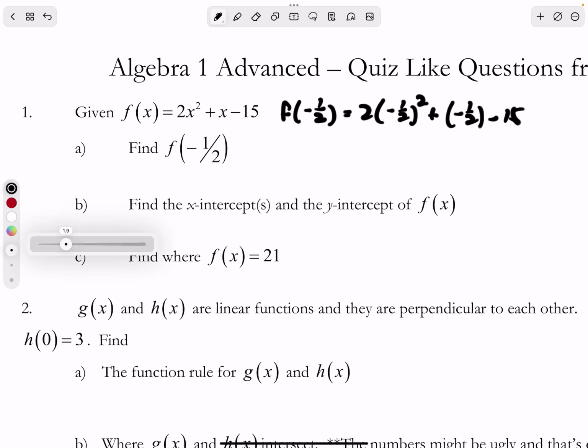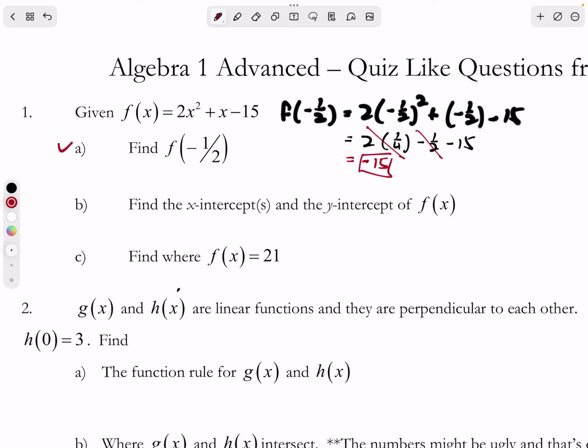That's going to be 2 times 1/4 minus 1/2 minus 15. These actually cancel out. That's 1/2 minus 1/2. And you get negative 15 as your answer.